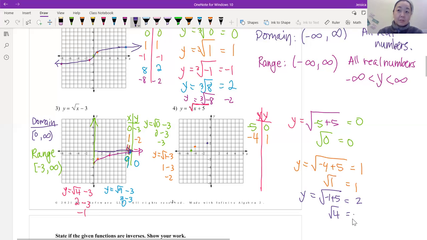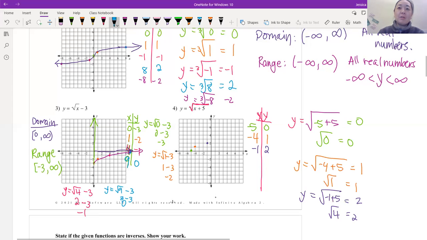What's the square root of 4? 2. Yay, happy days, right? So then we're going to put that in there. So we put in -1. So x is -1, y is 2. And we'll look at what? -1, 2. That's what we just said. So do you see? We could totally do this.